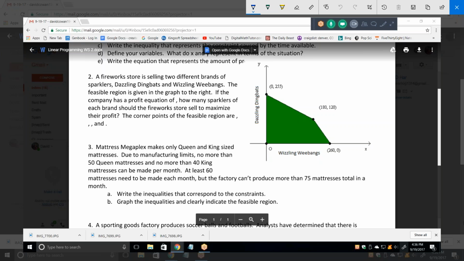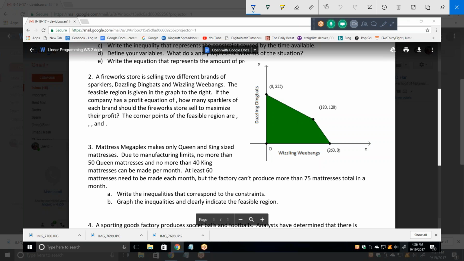This next problem is different in the sense that they give you the coordinates of all 4 vertices. But sometimes there's 5 vertices or 6 in real life problems, because sometimes there's more constraining functions than the 5 that we had on the previous problem. This problem, they don't give us the constraining functions.